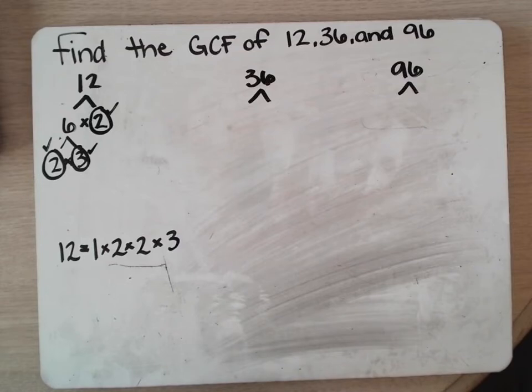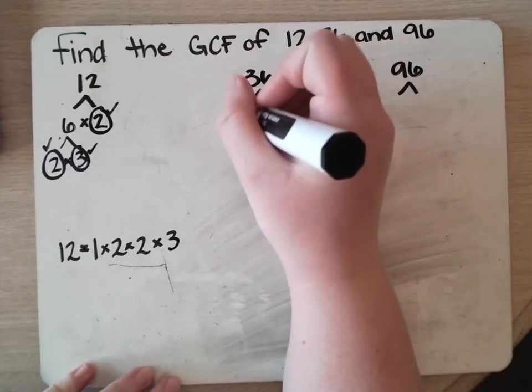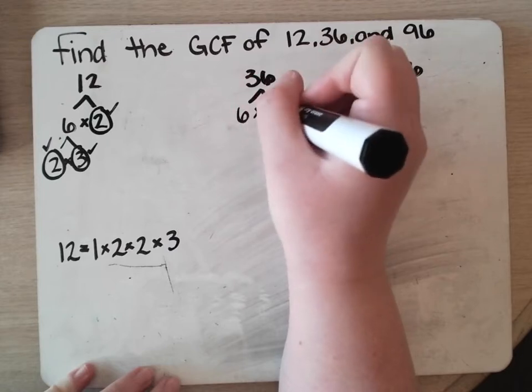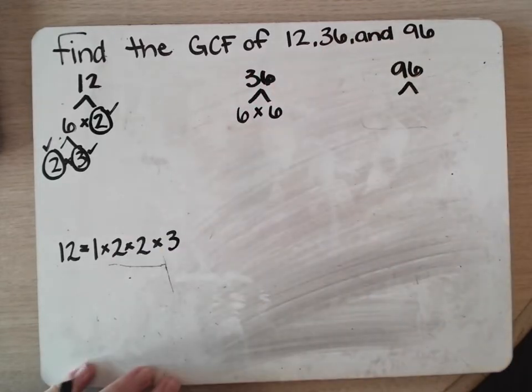Moving on to 36. Again, you can use any pair of factors that multiply together to equal 36. I'm going to use 6 times 6 because 6 times 6 is 36. Now I need to see if I can break down both of those 6's.